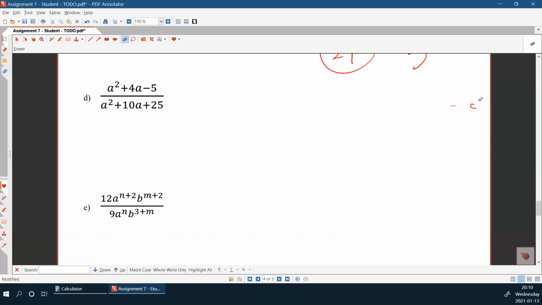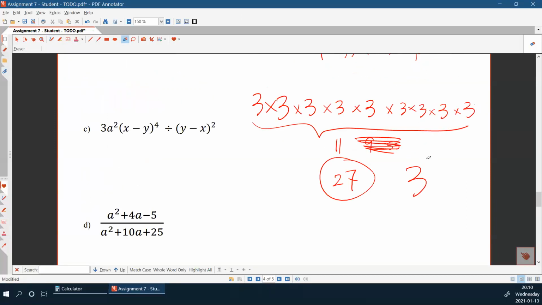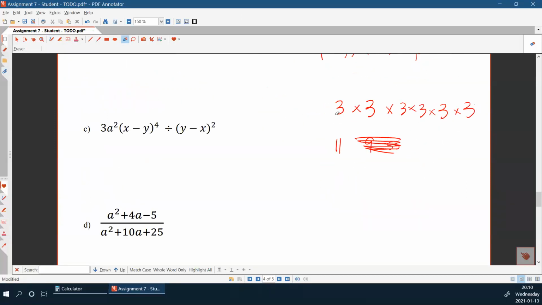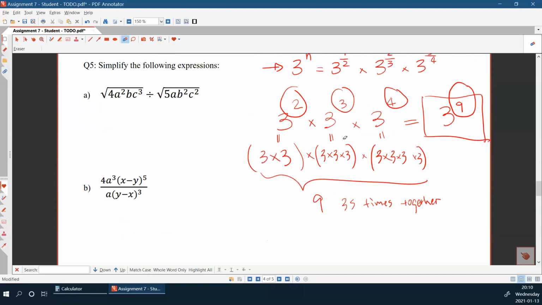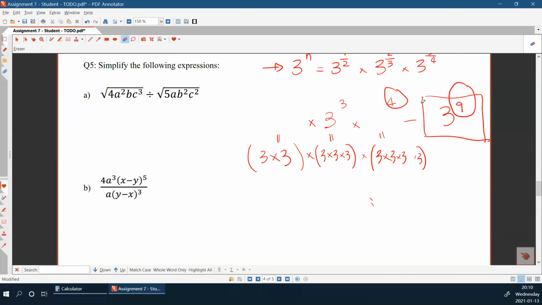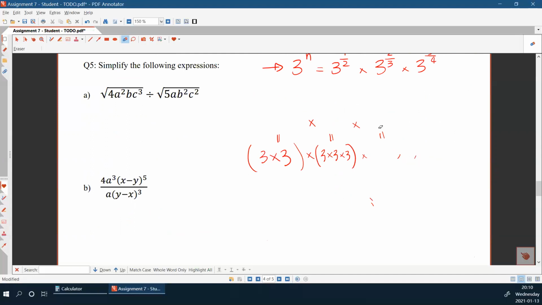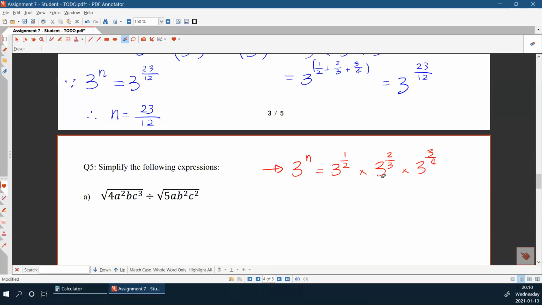This is a rule when we compute the product of exponentials. So now, can you see the mistakes here? Okay, you don't times them together, you add them together.